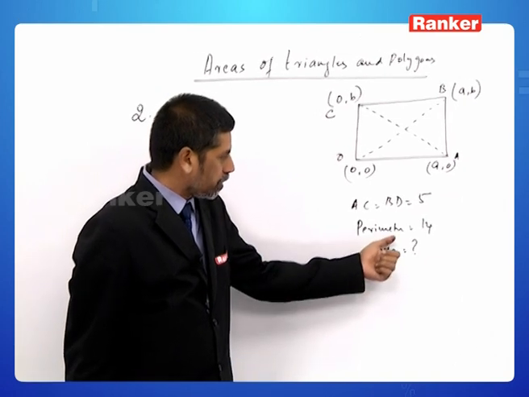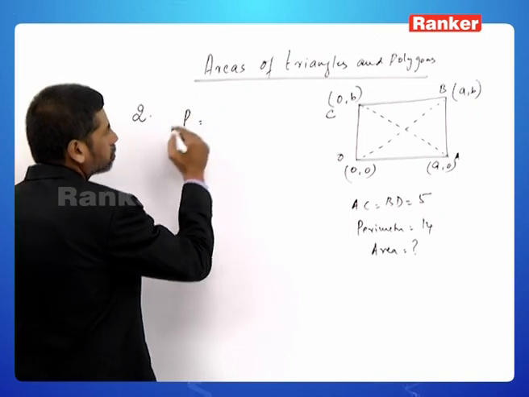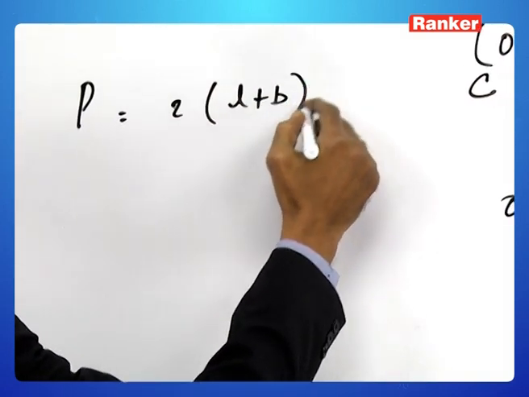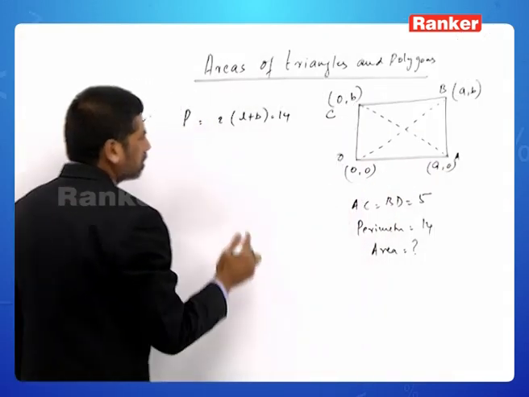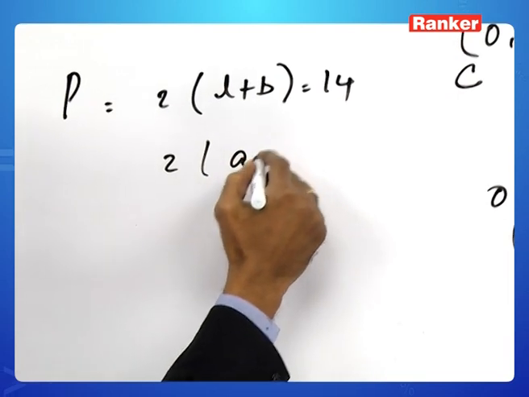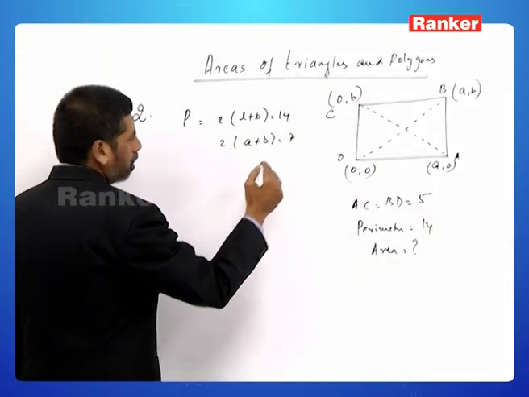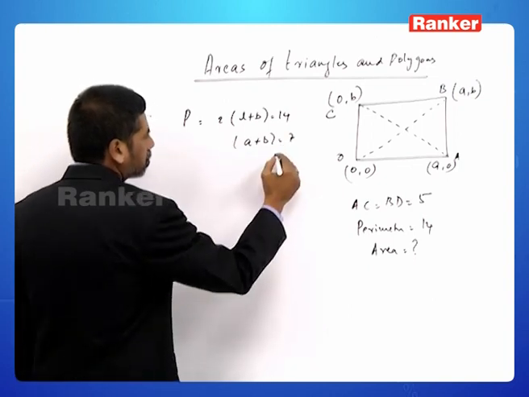Now let us start with perimeter is equal to 14. So perimeter is equal to 2 times (L plus B). If you take this as length and this as breadth, then 2 times (A plus B) is equal to 14, I mean, A plus B is equal to 7.